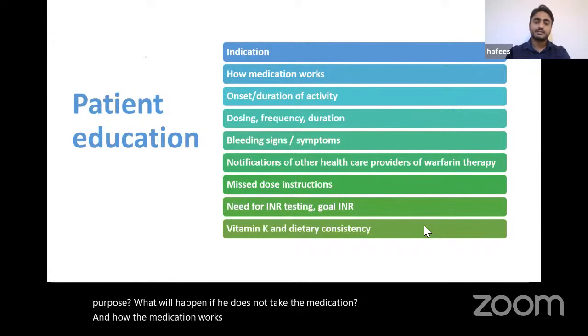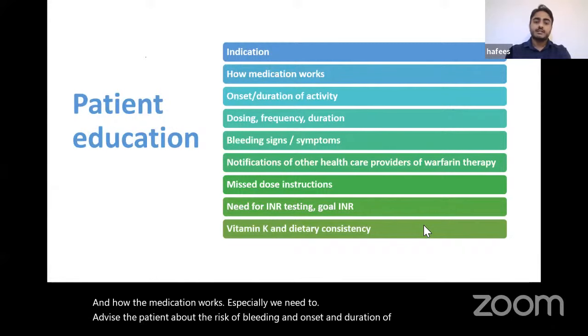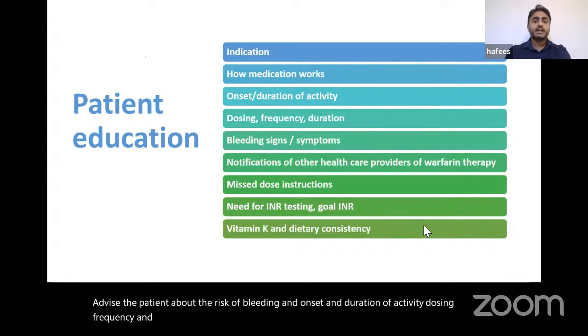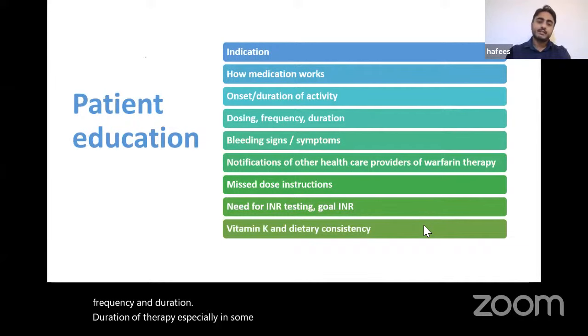Especially, we need to advise the patient about the risk of bleeding, onset and duration of activity, dosing frequency and duration. Duration of therapy, in some cases, is lifelong, and in some cases we need to use a short-term period.